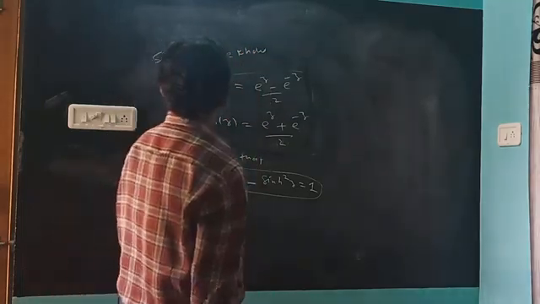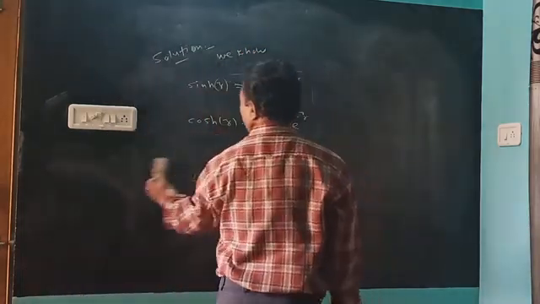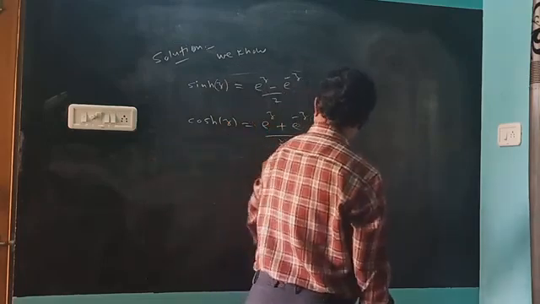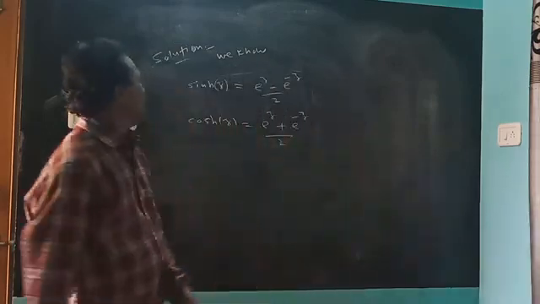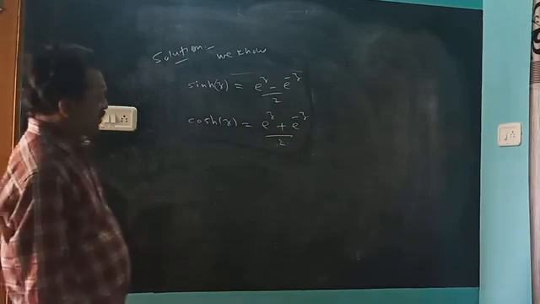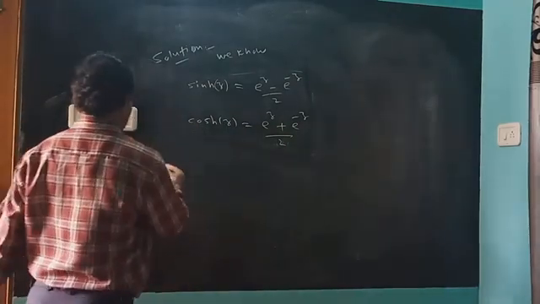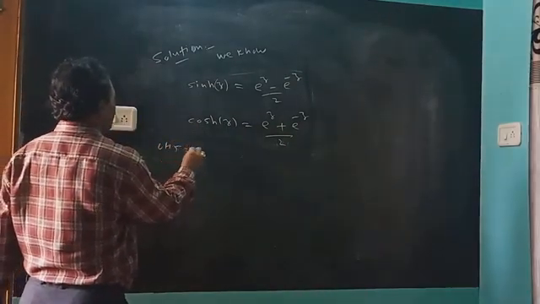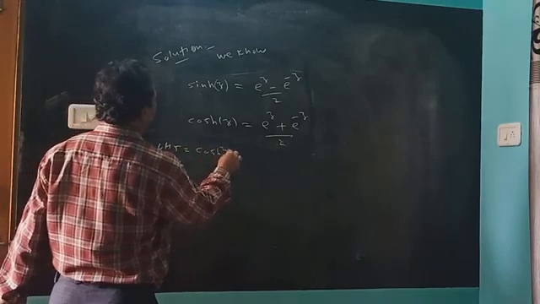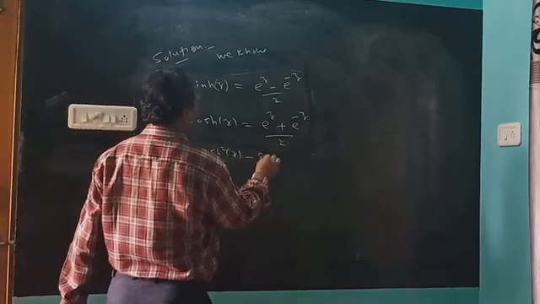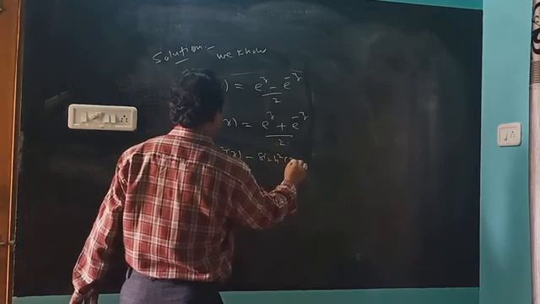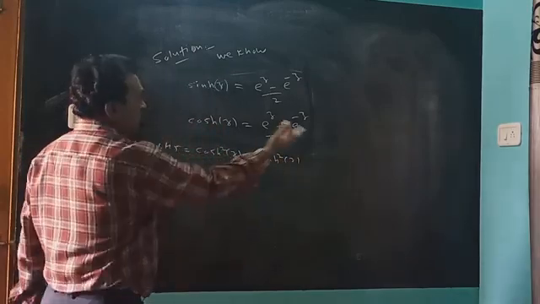We know. Okay, sin h z this and cos h z this. Okay, now take the left side. We have to show cos h square z minus sin h square z is 1. We have to show.